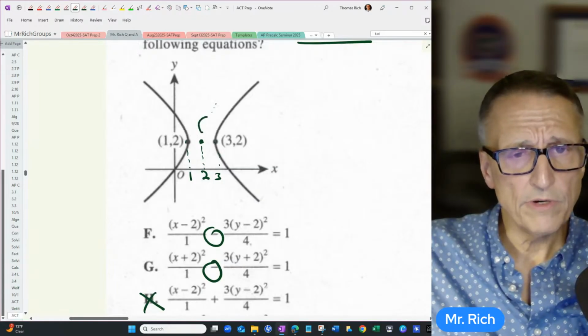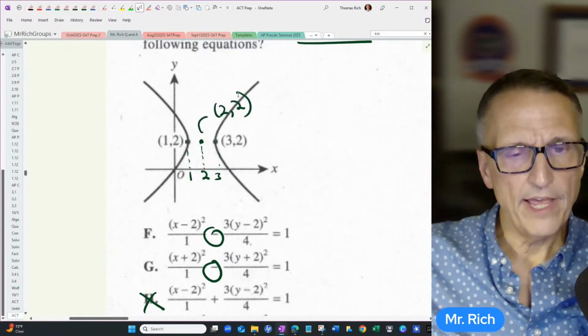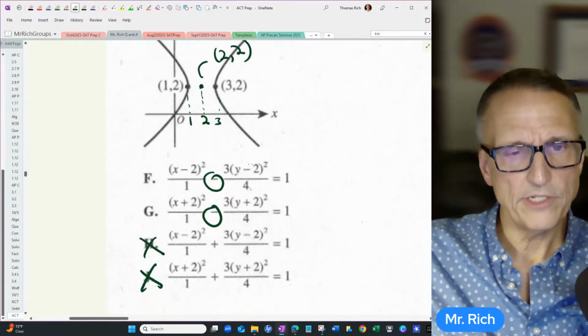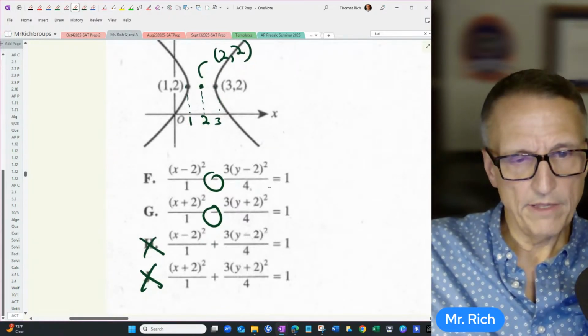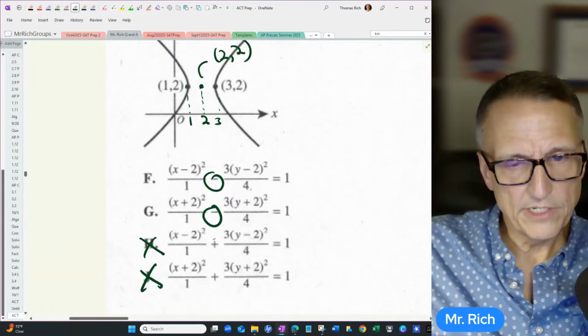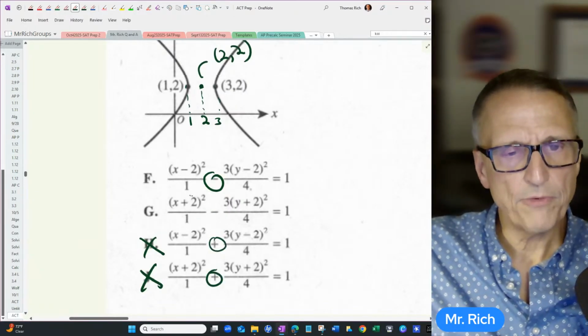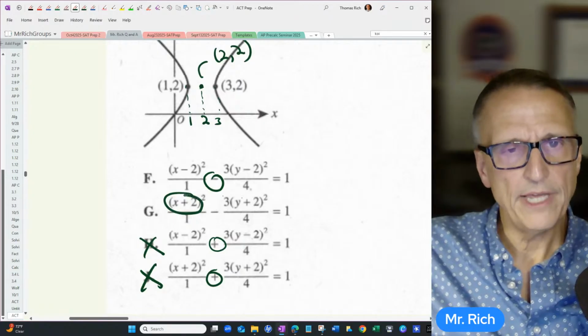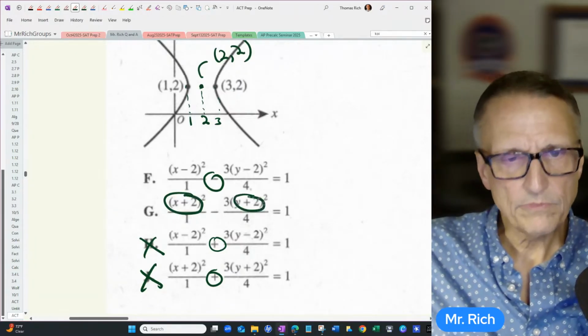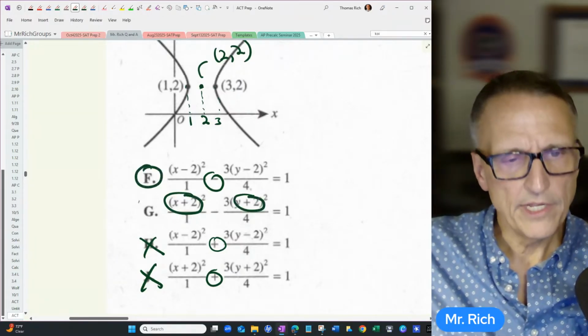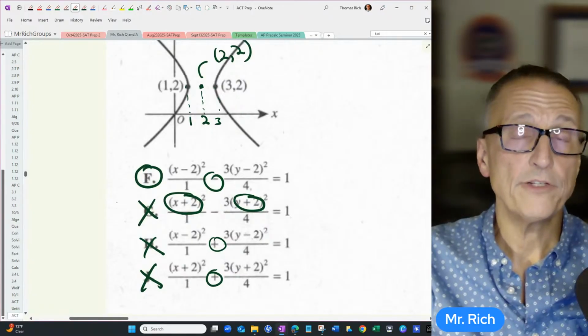So the center is 2, 2, which means I need to have x minus 2 and y minus 2. And I got rid of these two because they had a plus, not a minus. I can get rid of this one because it's got the wrong center. That's supposed to be x minus 2 and y minus 2. And so F is going to be my answer right there.